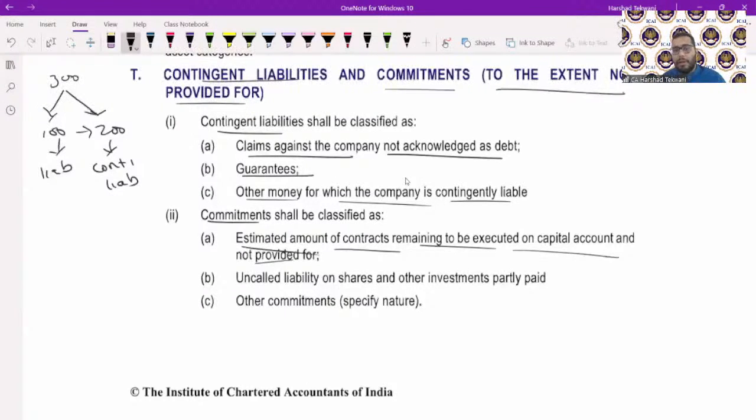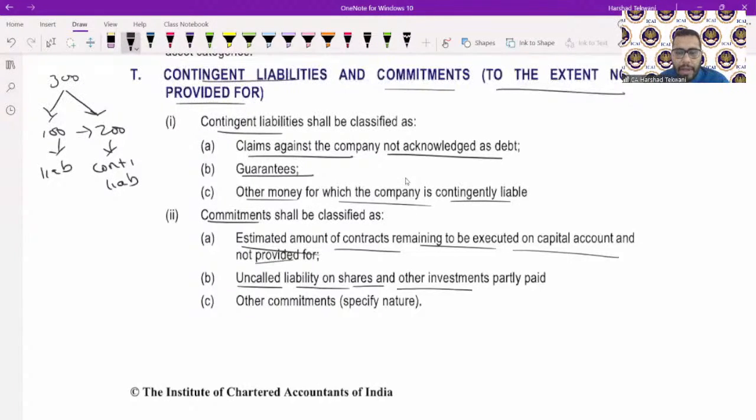Let's say you said, build a building for me. It will take 3 years and I'll pay you the amount after 3 years. So you have entered into a contract. After 3 years you need to pay the amount, let's say 1 crore, 2 crore, 3 crore. That's a commitment. As of now you are not required to pay, but after 3 years when the building is done, you are supposed to pay. So estimated amount of contracts remaining to be executed on capital account.